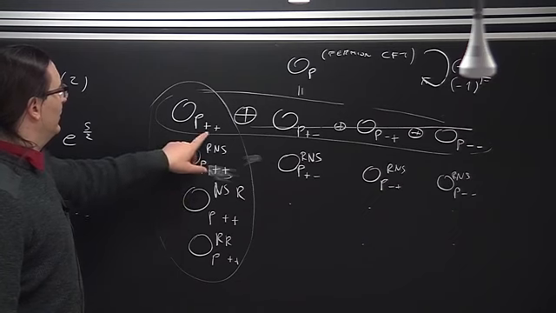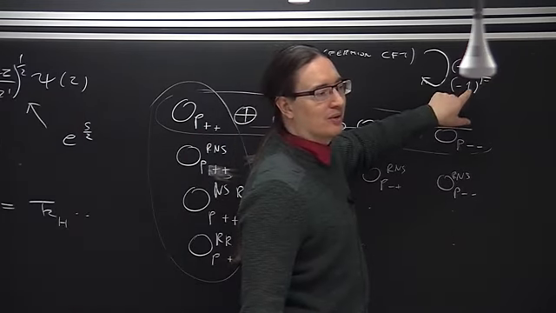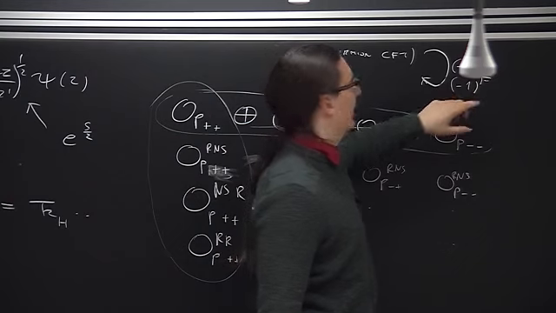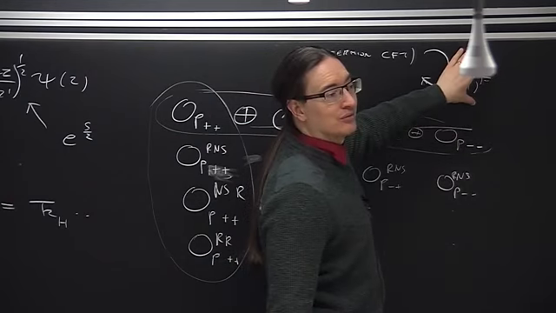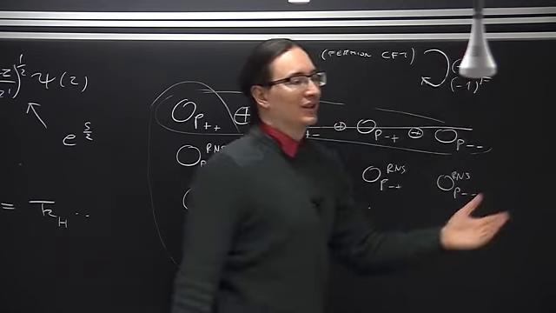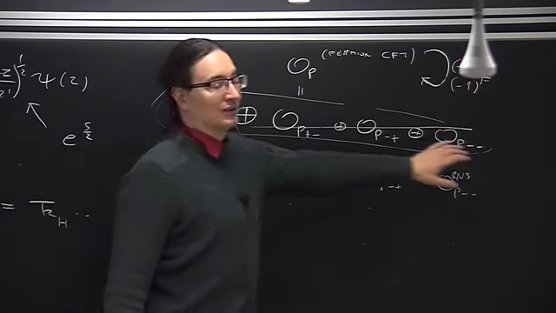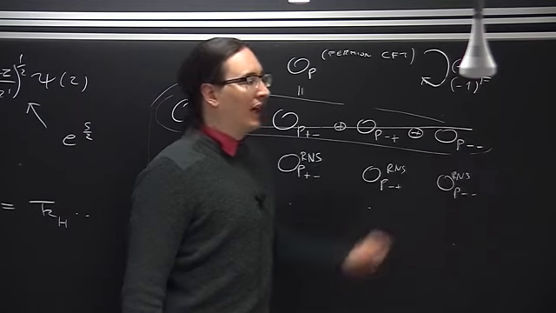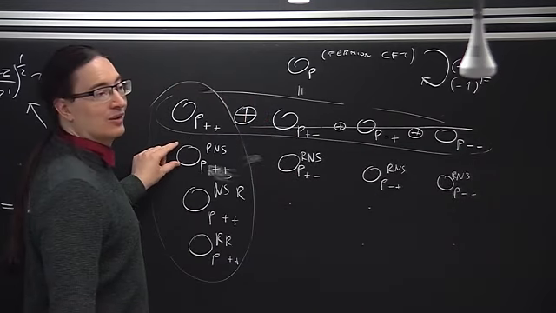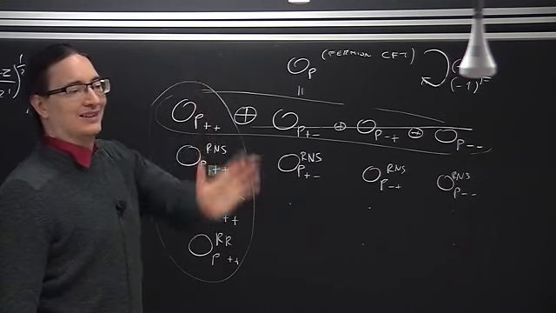Yes? Can you repeat what these operators with plus mean? So these indices denote the action of (-1)^F and (-1)^F bar. Right? I have a vector space acted upon by two operators which square to 1, and which commute with each other. So I can just decompose it into eigenspaces for those operators. Those are the 4 eigenspaces. I can also look at twisted sectors, where I include operators which live at the end of a cut.